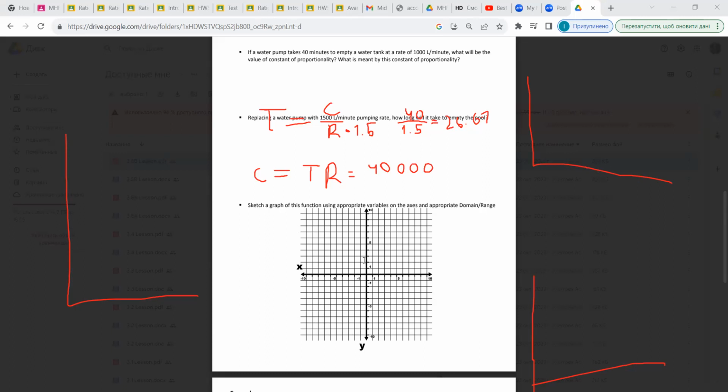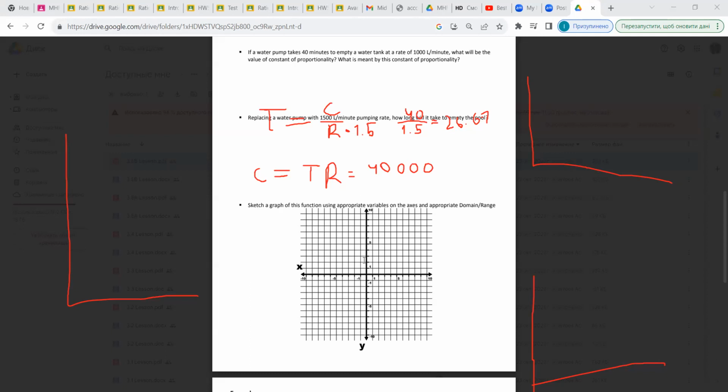Because for the x value, what would be the independent variable? It would be the pumping rate. So the pumping rate would be the domain of this function. So pumping rate greater than 0, and the range of this function, the time that it takes to empty the pool, should be greater than 0 as well, right?